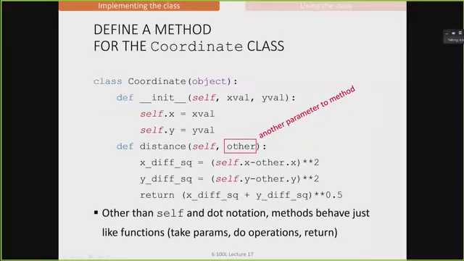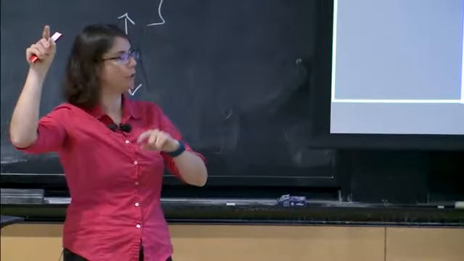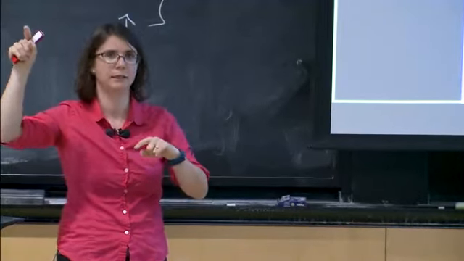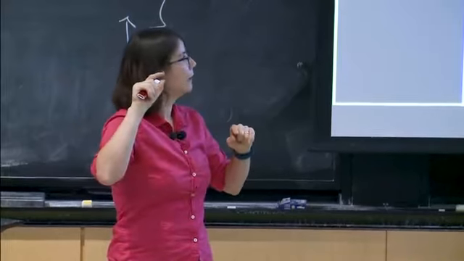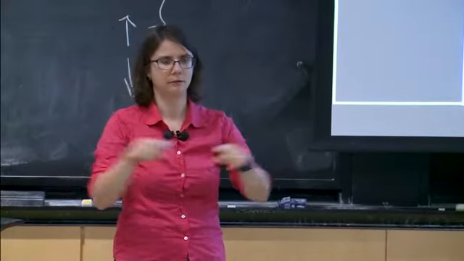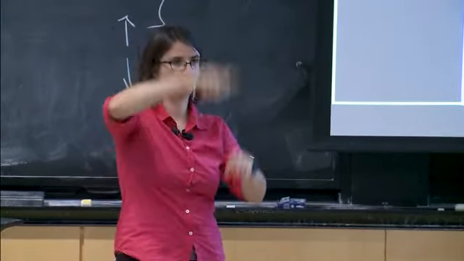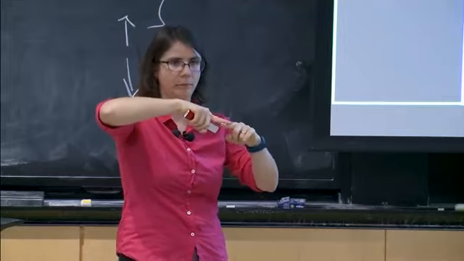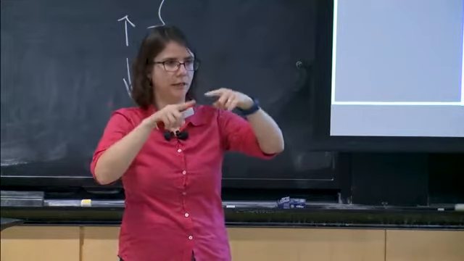The reason for that is, when we think about grabbing the distance between two objects that are coordinates in a 2D plane, we take the difference between the x values, square that, take the difference between the y values, square that, Pythagoras, add those two together, and take the square root.